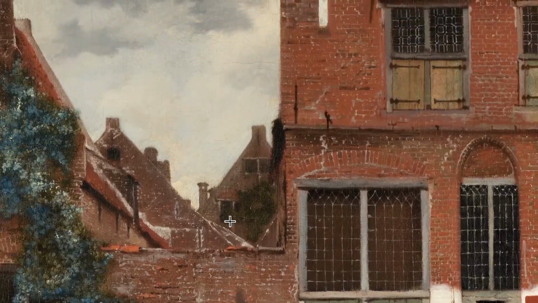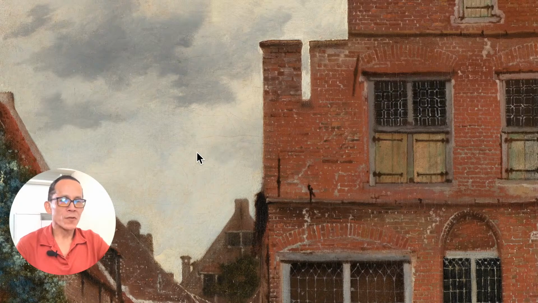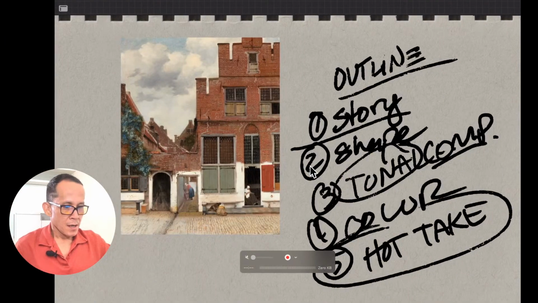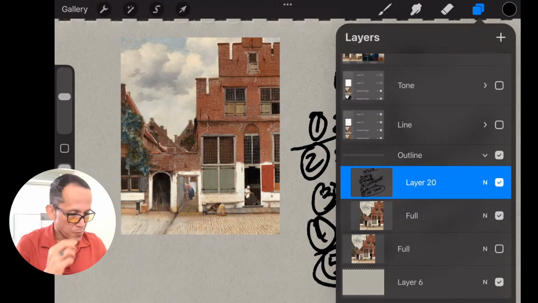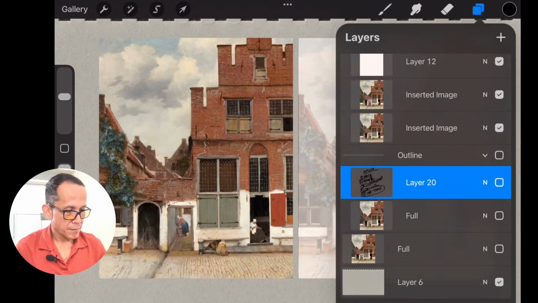Just spectacular painting. Let's get back to work. I could stare at this painting all day. I know Vermeer is known more for his window scenes.